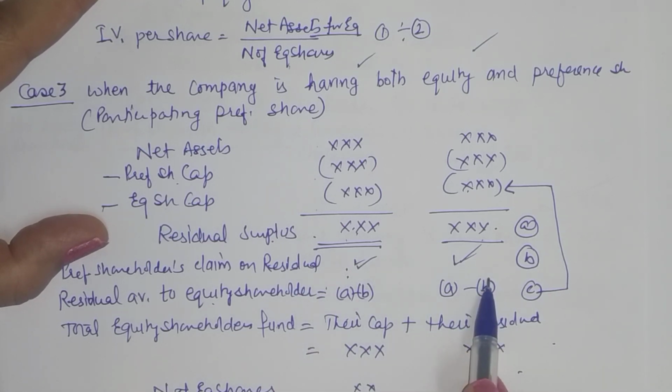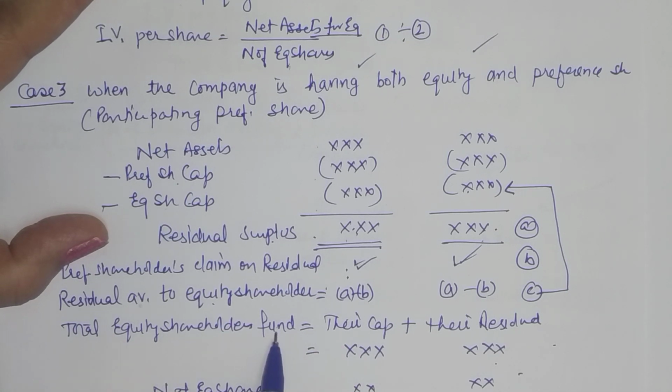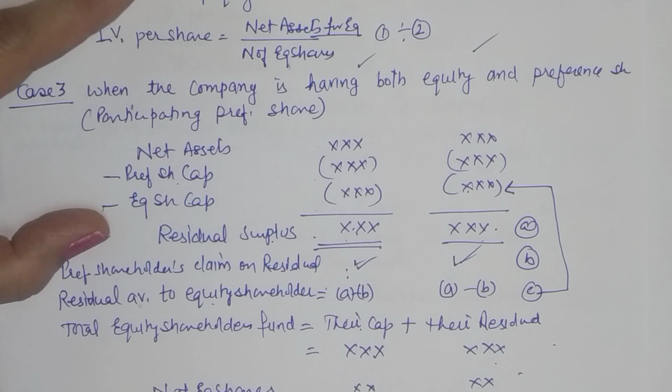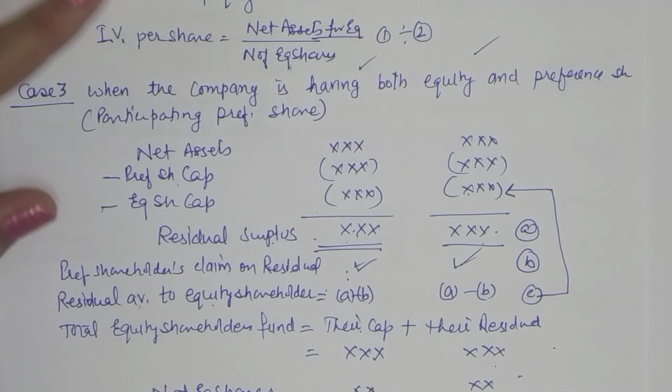So their claim will be calculated. Remaining is available to equity shareholders. So equity shareholders funds will be equal to their capital plus their residual. So number of equity shares is this much. Intrinsic value per share will be amount available to equity shareholders, that is their capital, their residual, upon number of equity shares. So this is how intrinsic value is calculated.